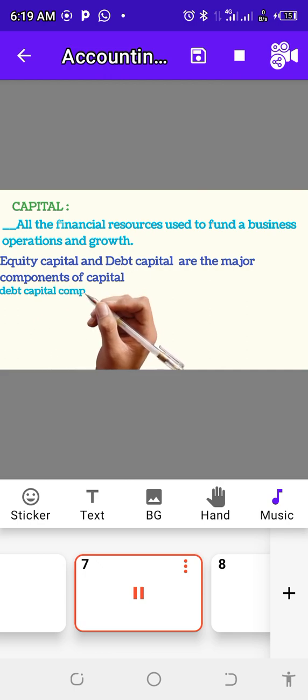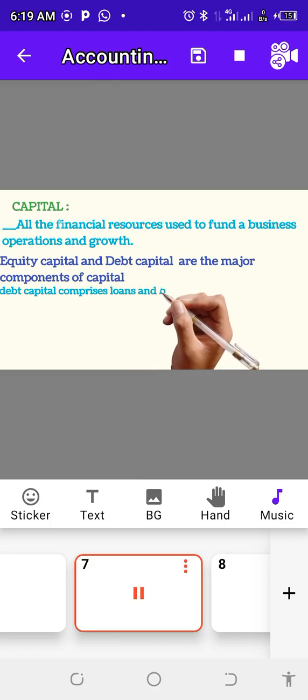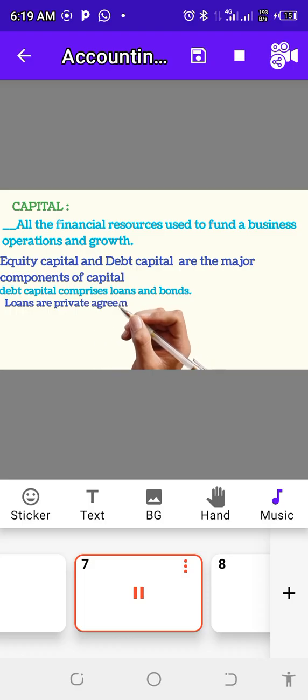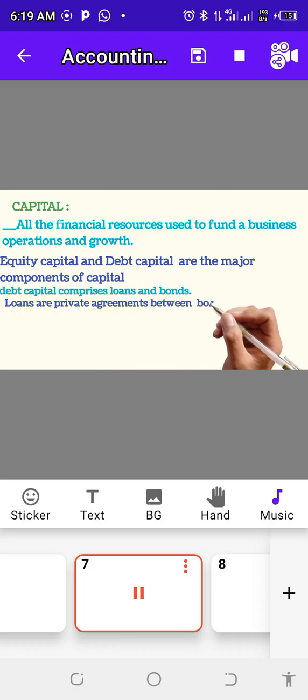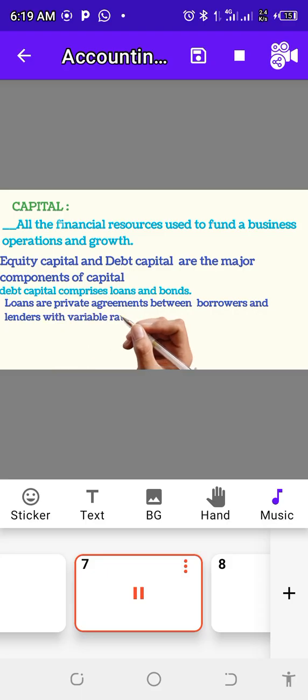Debt capital comprises loans and bonds. Loans are private agreements between borrowers and lenders with a variable rate of interest.